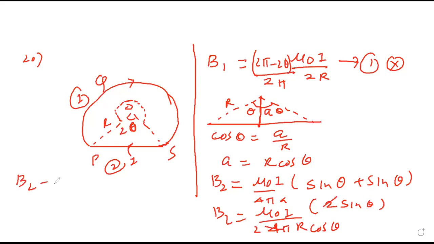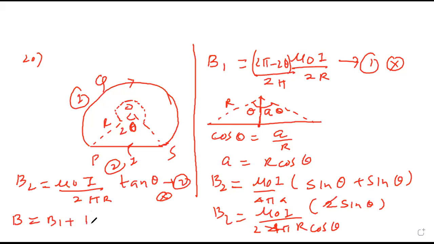Therefore, B2 will become mu naught I upon 2 pi r sine theta upon cos theta, which is tan theta. This is also in inward direction. So net field will be B1 plus B2. Copy it in this, then I'm adding and getting the answer as per the appropriate options.